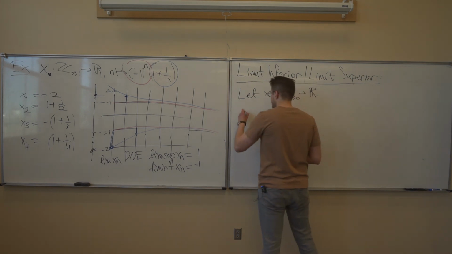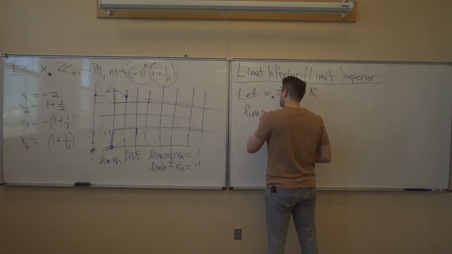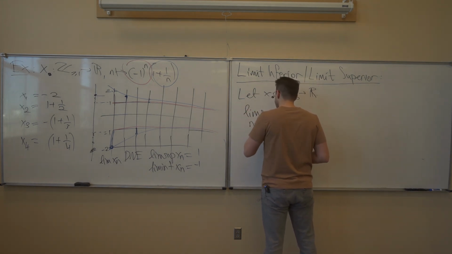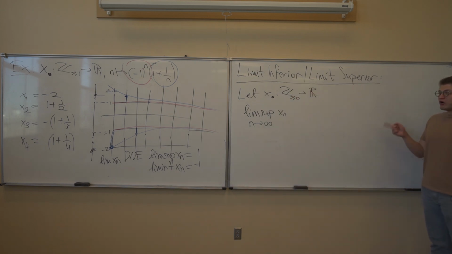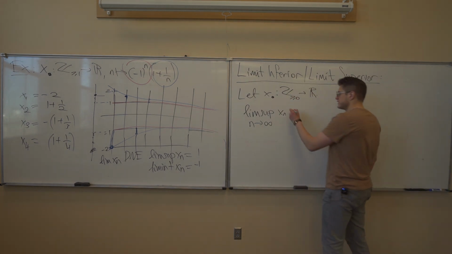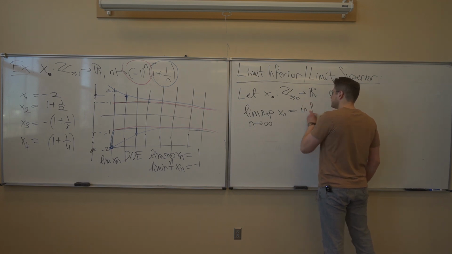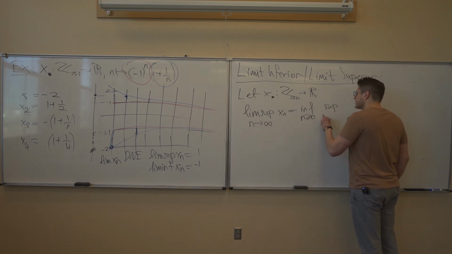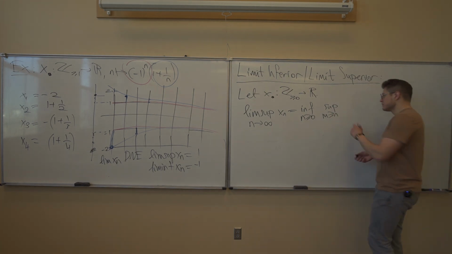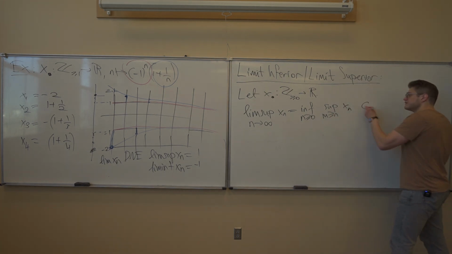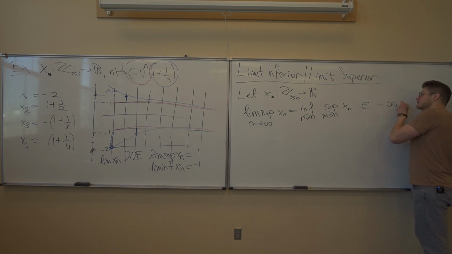Limsup, as n goes to infinity of x sub n, is literally going to be the limit of the suprema. In other words, this is going to be inf over n of sup over m, where m is bounded from below by n, of x sub m. This always exists. Maybe it's minus infinity, maybe it is positive infinity.